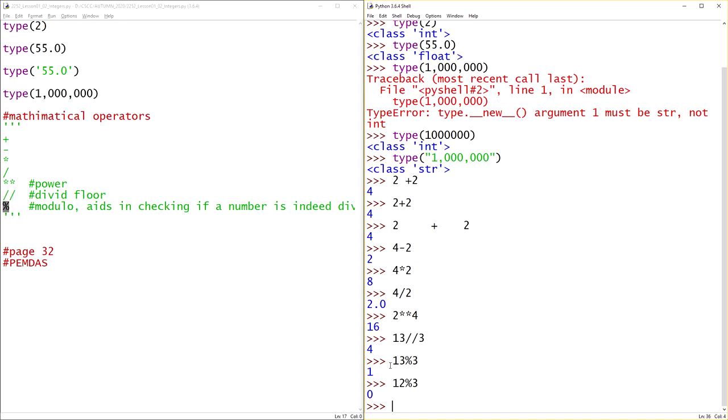So that's awesome. Let's talk about order of operations on page 32 of your book. So PEMDAS: parentheses, exponents, multiplication, division, addition, subtraction. So if you have something like this, 4 times 2, that would be 8 minus 6, plus 1.